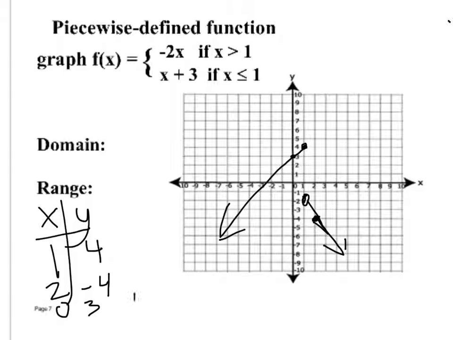Because if I put 1.1 in for x, which one do I use? Negative 2x or x plus 3? Negative 2x because 1.1 is bigger than 1, right? Well, what's negative 2 times 1.1?